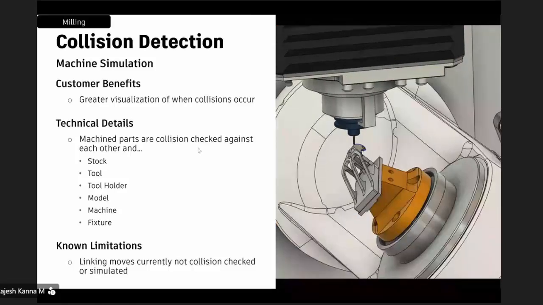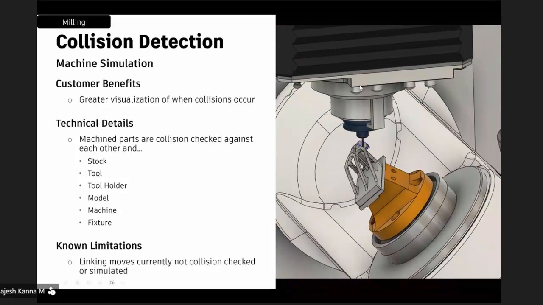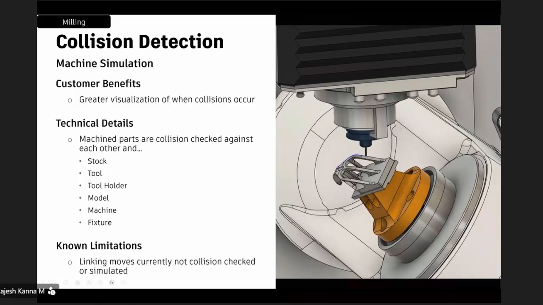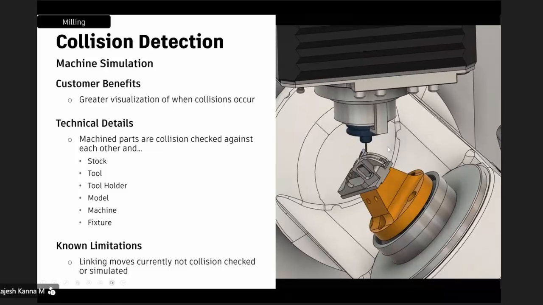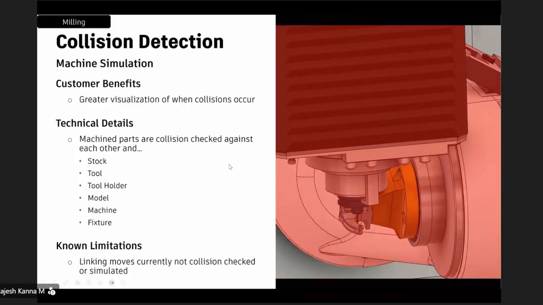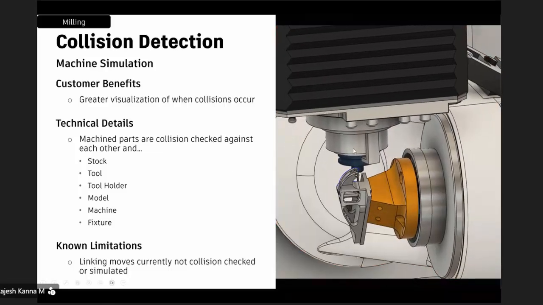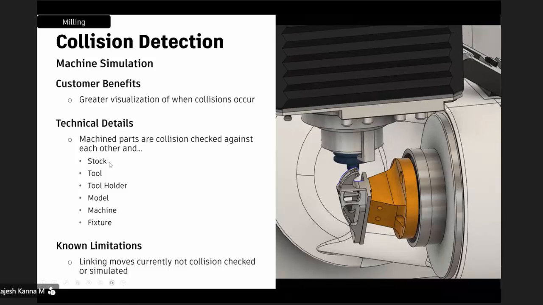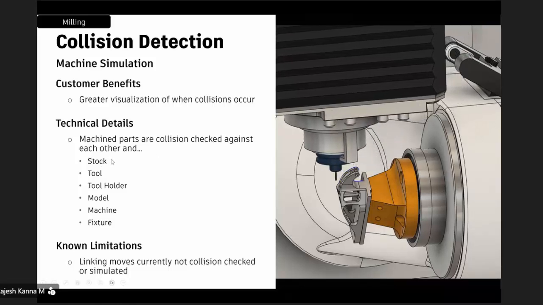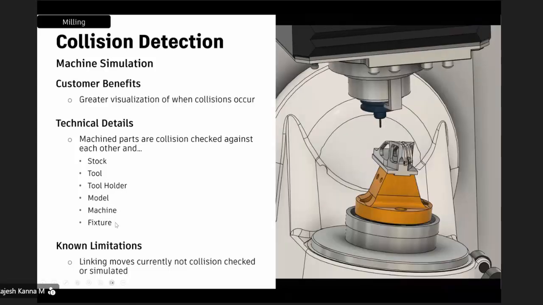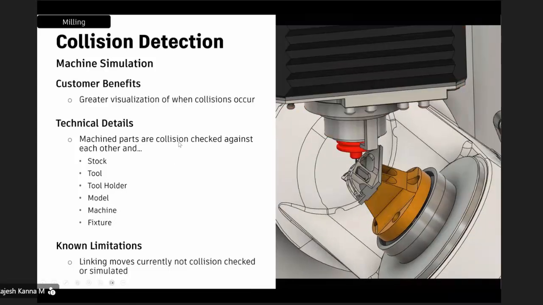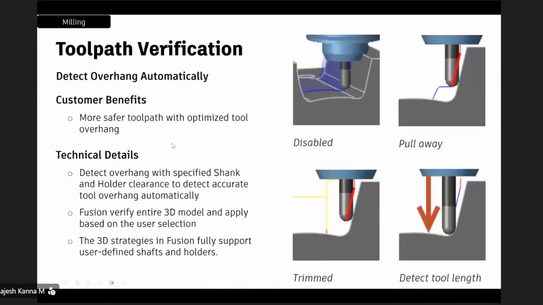While simulating, you can understand the collision between machine and part, or machine and holder, something like that actually. So it is a completely safe method. It is a digital twin actually. Okay, you can check against stock, tool holder, model, machine, and fixturing actually. So that is a good way to have it at free of cost.